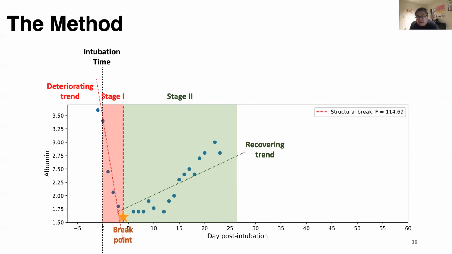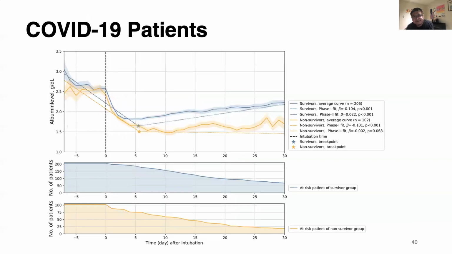Specifically, for every patient, the Chow test was performed for each time point of the albumin trajectory, and the breakpoint was determined by rejection, with p-value smaller than 0.05 and F-value bigger than 3, of the null hypothesis that the coefficients of linear regressions before and after the breakpoint are equal. After that, we fit a linear mixed effect model to estimate the deteriorating and recovering trajectories for survivors and non-survivors, respectively, and we adjusted for age and sex.